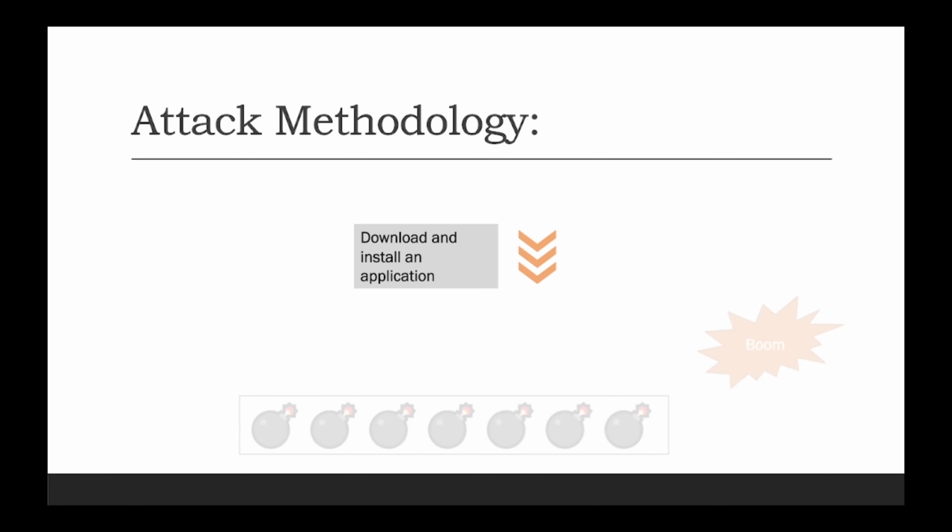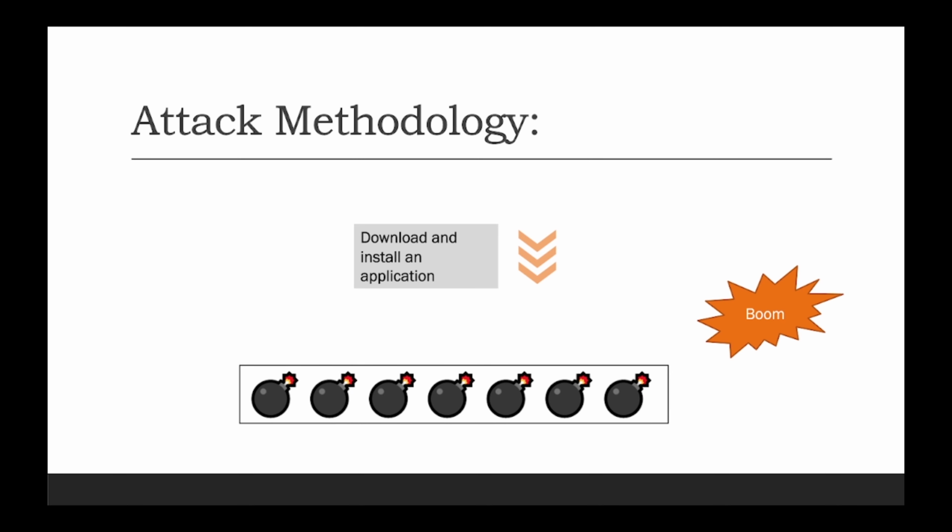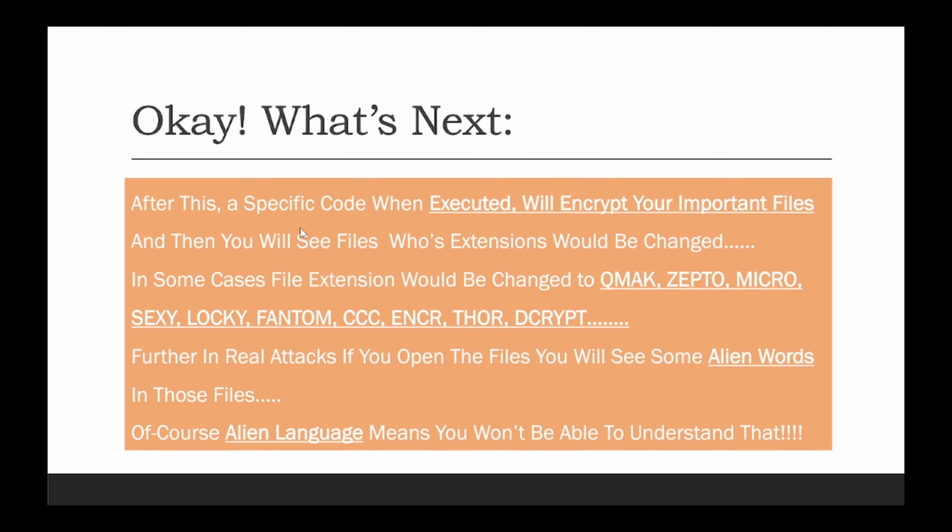A lot of pirated software, cracked software, and hacked software, of course, can contain scripts that can initiate this ransomware attack. And of course, if you download and install that application, then boom, because when you do that, a specific code would be executed that will encrypt a lot of files.